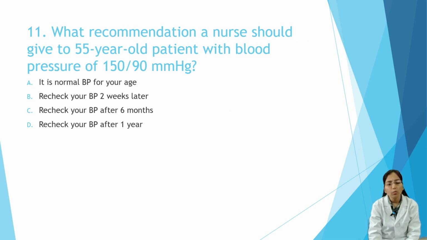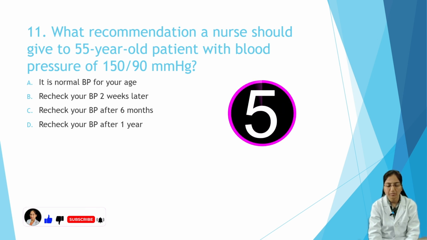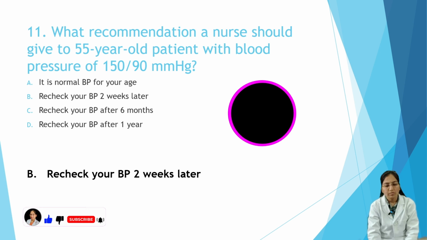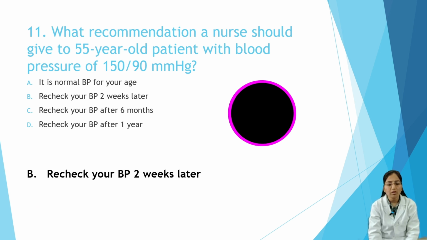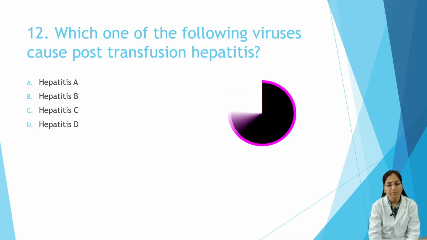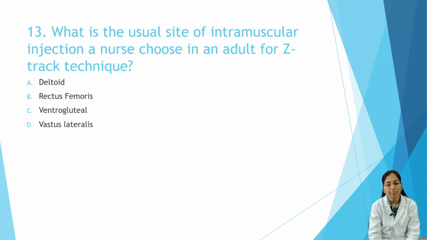Next question. What recommendation should a nurse give to a 55-year-old patient with a blood pressure of 150 by 90 mm of Hg? Recheck your BP 2 weeks later. Next question. Which one of the following viruses causes post-transfusion hepatitis? Hepatitis C. Next question.